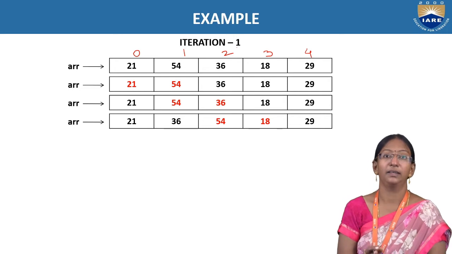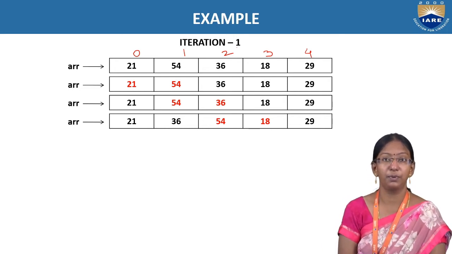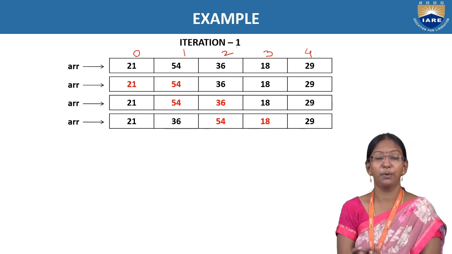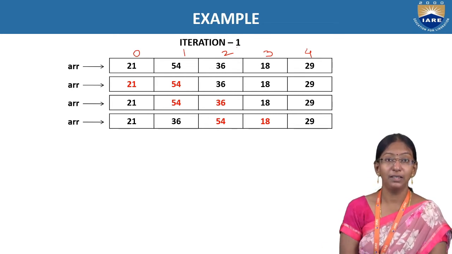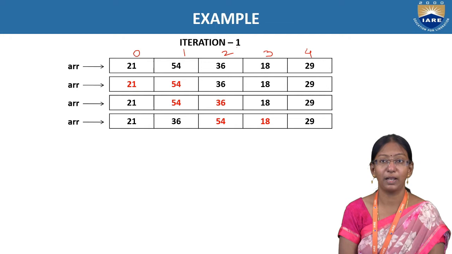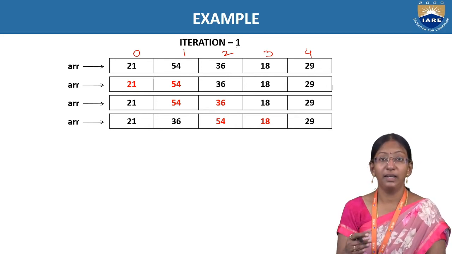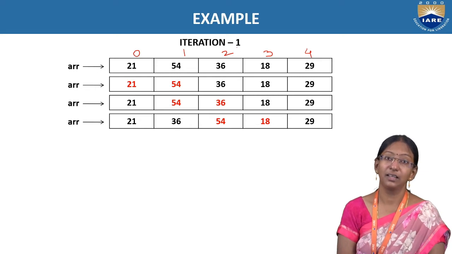Got it? Yes. Now, the same process is repeated. Shift the pointers. Now the current index is at index value 2, and the current element is 54. The next element is at index 3.